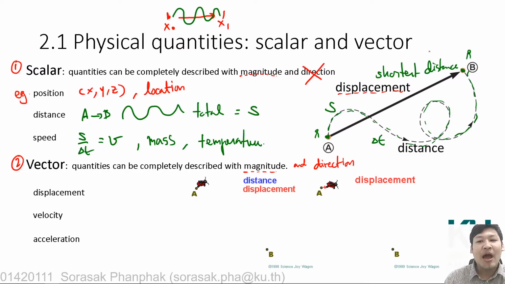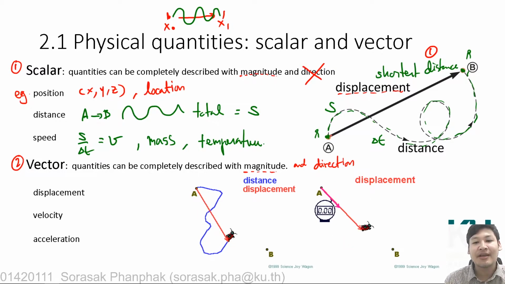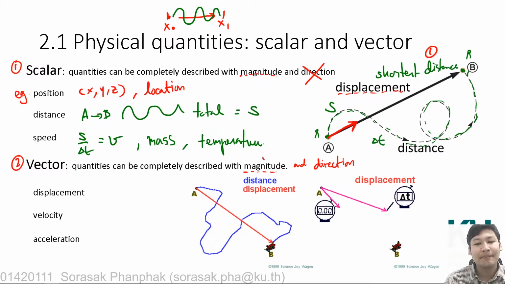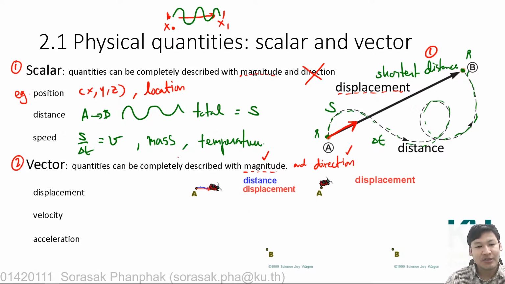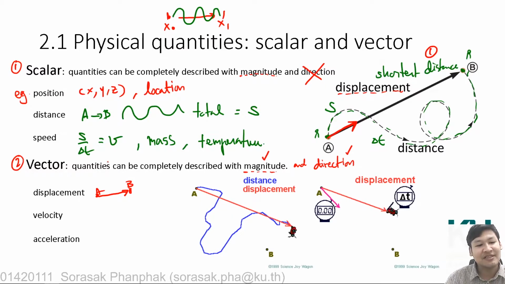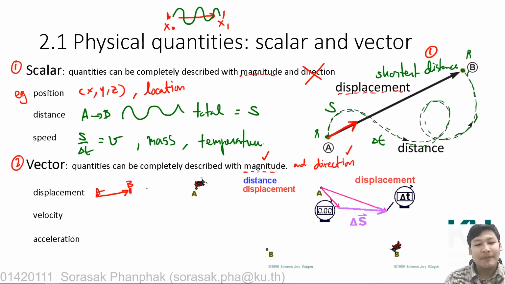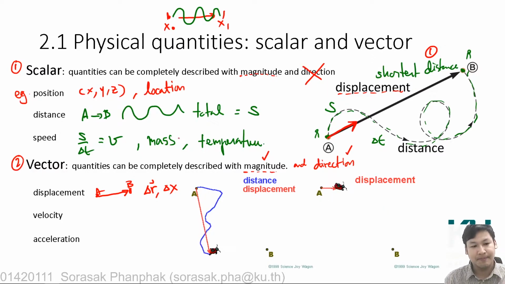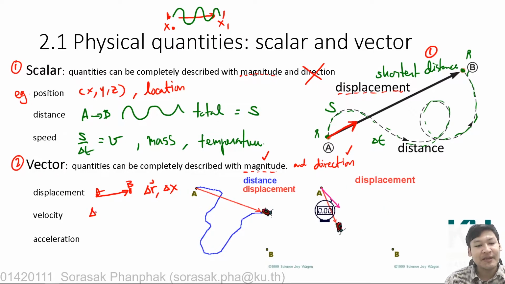So not only do you have the shortest distance for displacement, you also have the direction that the displacement points to. So you require magnitude and direction to complete the definition of a vector. The displacement is the shortest distance from point A to point B along some specific path and with some direction. We represent it as delta R, or delta X in one dimension.